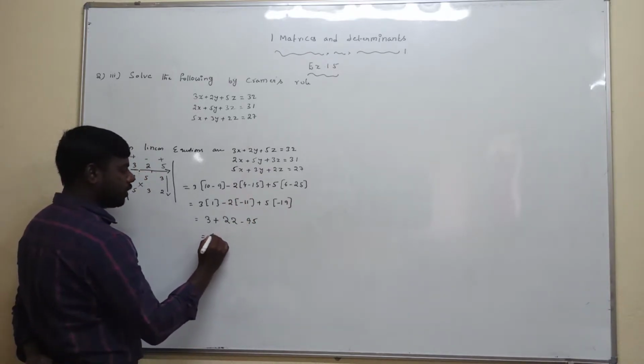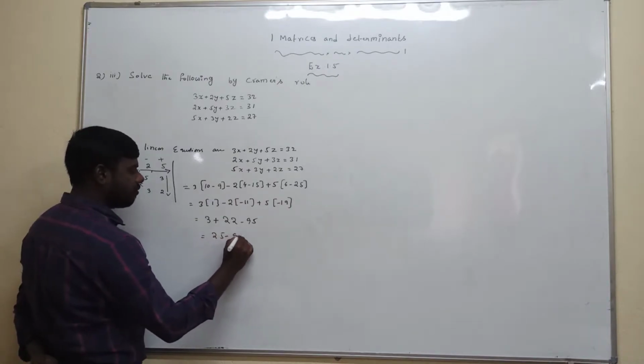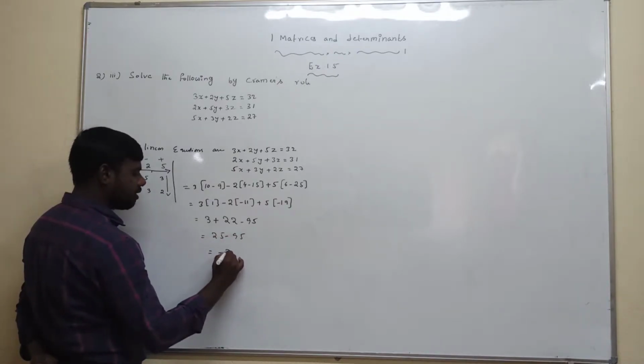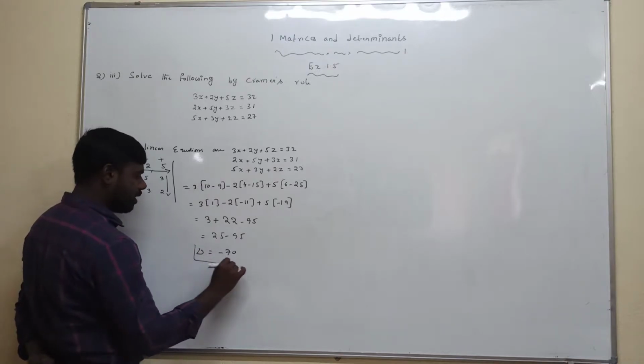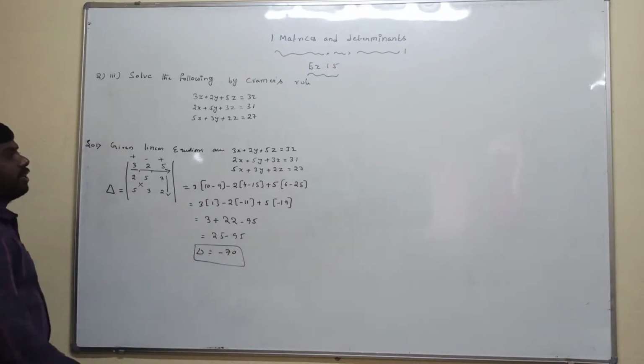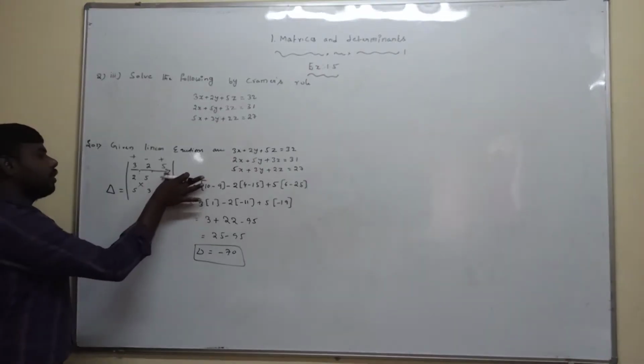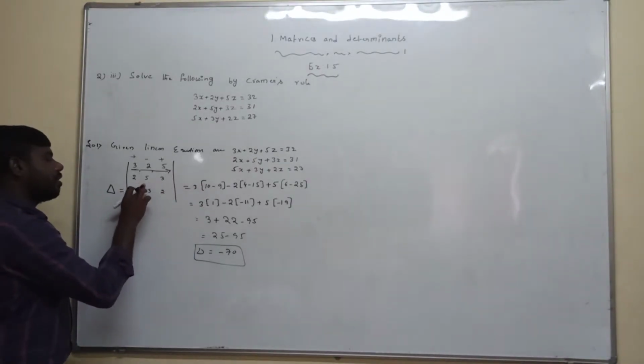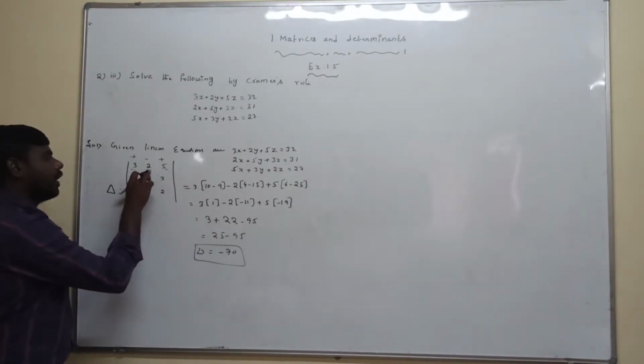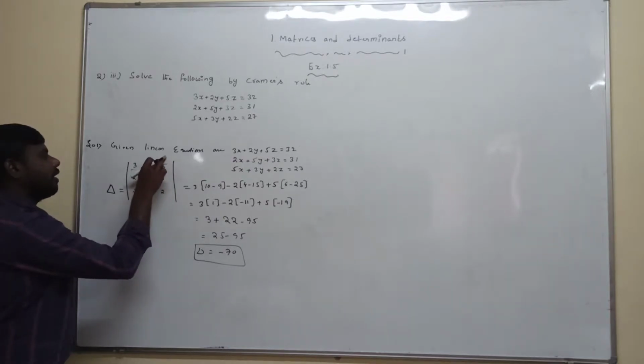Now 3 plus 22 is 25, minus 95, that value is minus 70. So the delta value is minus 70. Next we have to calculate the delta 1, delta 2 and delta 3 values.